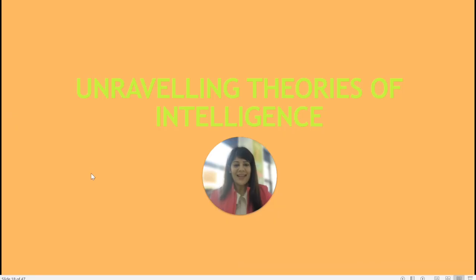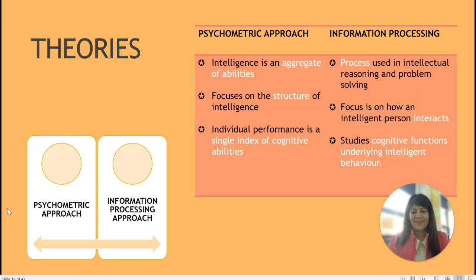What these 2 really mean is what we'll deep dive into. We'll start with the information processors, the ones who came forward with these theories of intelligence for us, and we'll go ahead to understand the psychometricians of intelligence as well. Let's unravel it together. Let's begin the next segment of the chapter about the theories.